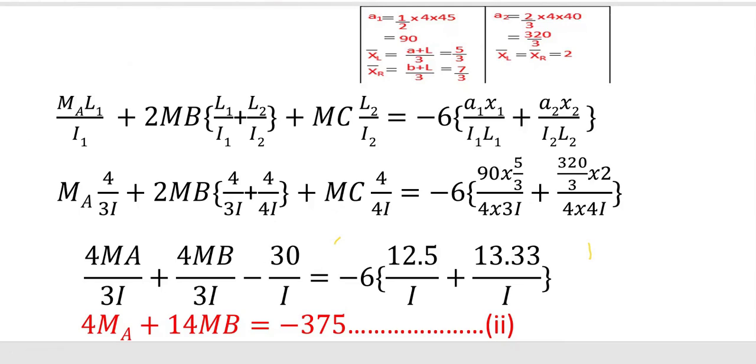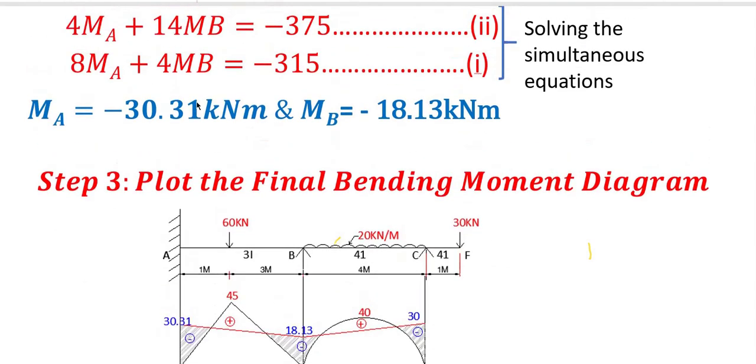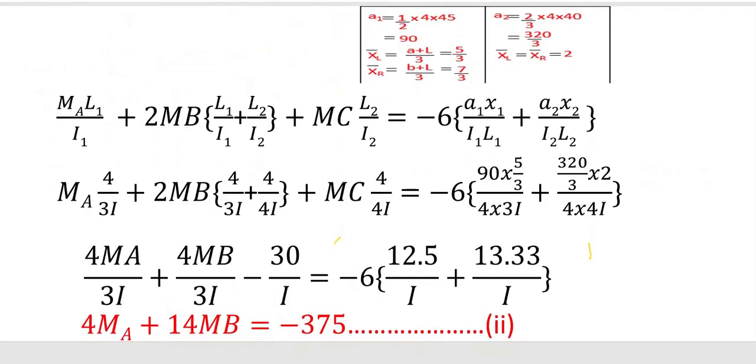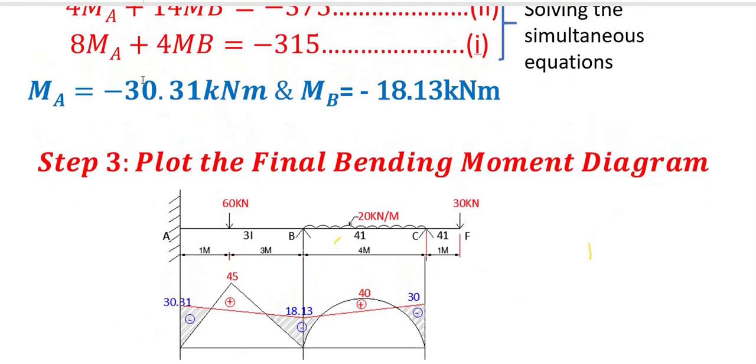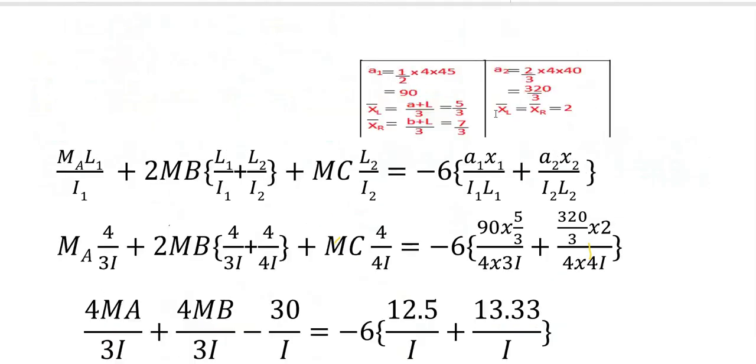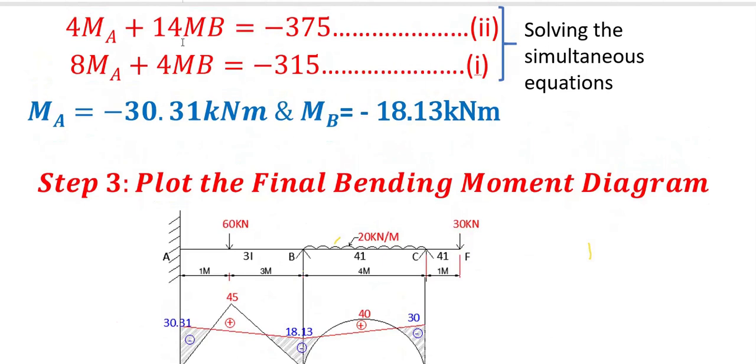So we have now our two equations, which now we are going to solve, our first equation and our second equation. Again, I'm not going to show you in this video because I believe you should be able to do that. You can use substitution method, elimination method. Now that's your problem.